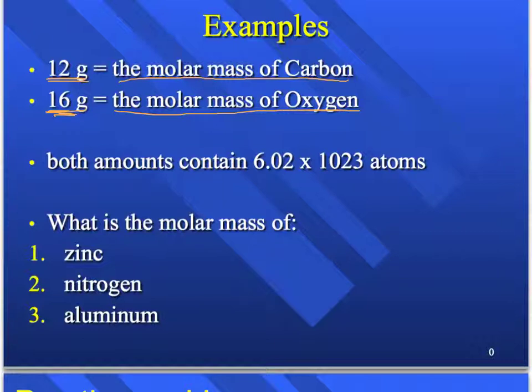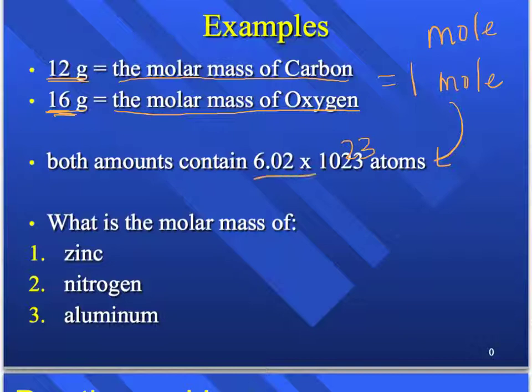If these are equal to the mass of 1 mole, how many things are in 1 mole? 6.02 times 10 to the 23rd atoms, or things, are in a mole. So even though these have different masses, they still are going to have the same number of pieces in them.